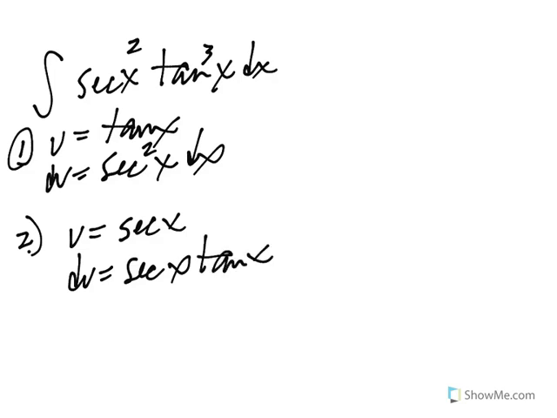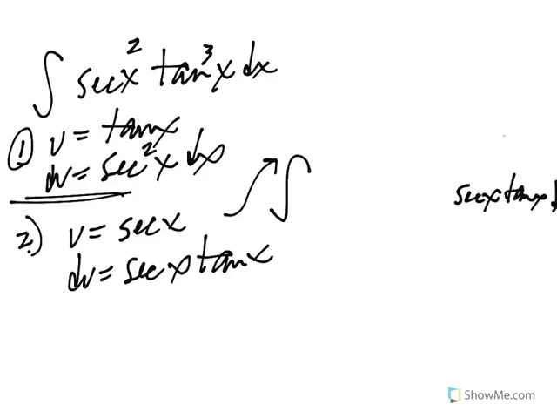Now on this second option, it's a little more difficult, because if I split off a secant x tan x dx, that's going to give me one secant here and two tangents.